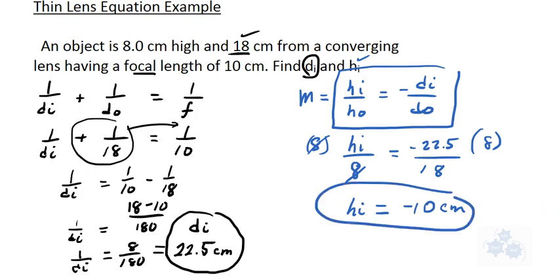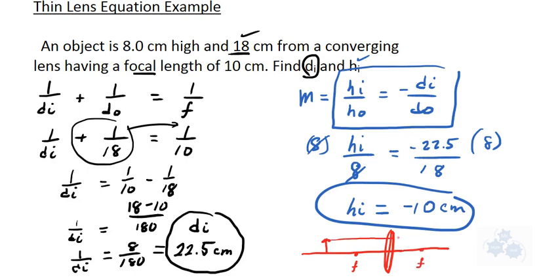And if we wanted to see if this was reasonable, I suppose we could. If we just draw a little diagram here, it's a converging lens, so it looks kind of like this. And the object is 8 centimeters high. Okay, so focal length is 10. So just a quick little check here. Let's say this is the focal length, 10. The object is 18, so it's almost 2 times the focal length. It is 8 centimeters high, but it's over here, right? So what happens here? Well, the primary focus is over here.